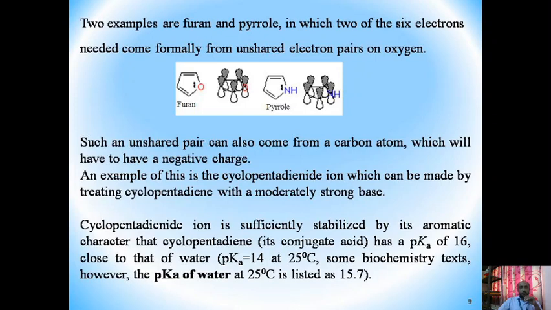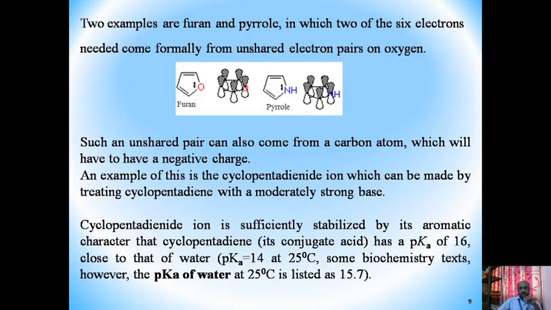An example of this is the cyclopentadienyl ion, which can be made by treating cyclopentadiene with a moderately strong base. The cyclopentadienyl ion is sufficiently stabilized by its aromatic character that cyclopentadiene has a pKa value of 16, close to that of water, whose pKa is 14 at 25 degrees centigrade.